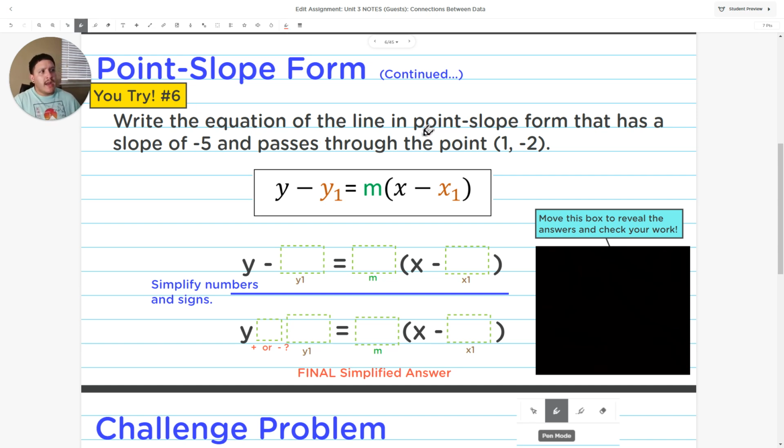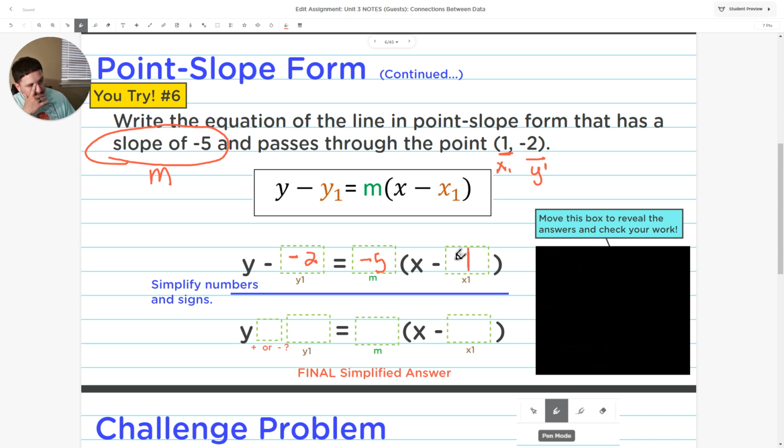So write the equation of the line in point-slope form that has the slope of -5, so this is clearly the m value, and passes through the point 1 and -2, which for my point is y1, not y2. Filling out the formula, I have y1, which is -2, m, which is -5, and then x1, which is 1.